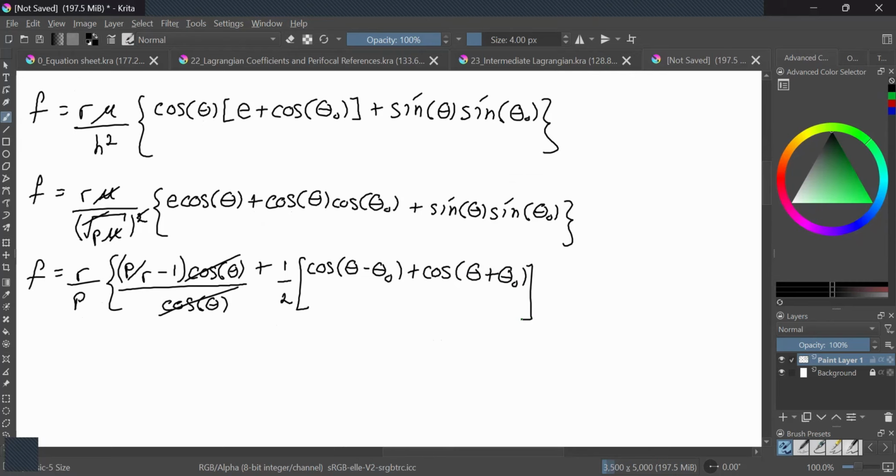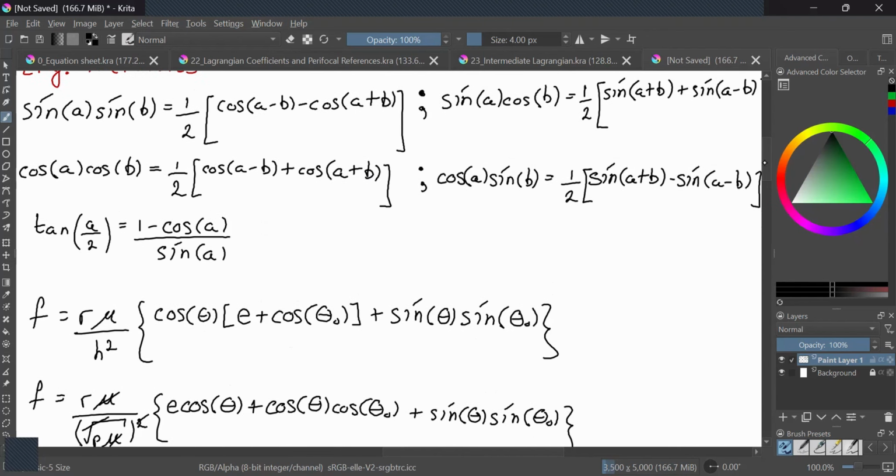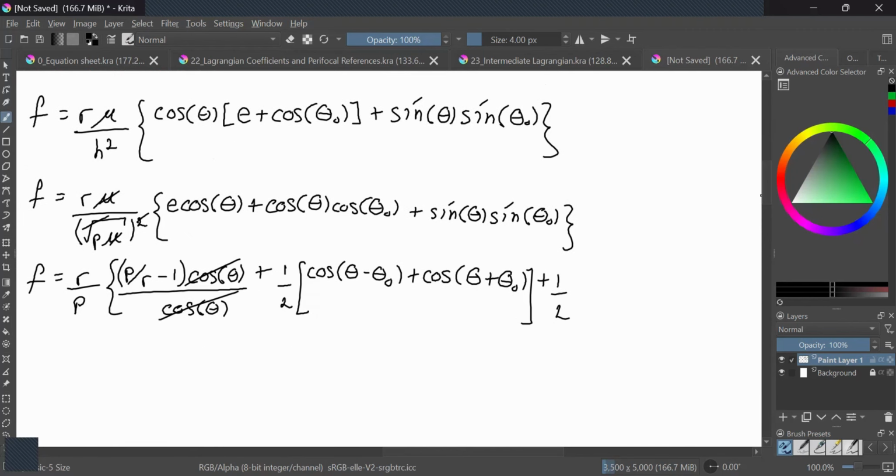And we can do the same thing with sine plus 1/2 sine A sine B. That is the exact same equation as before, except we are subtracting the two cosine values. Cosine of theta minus theta naught, minus cosine of theta plus theta naught.